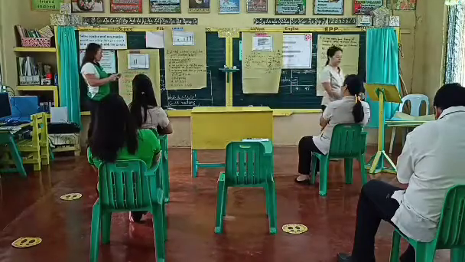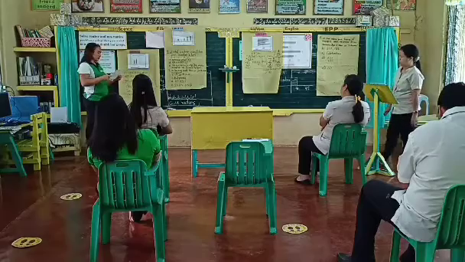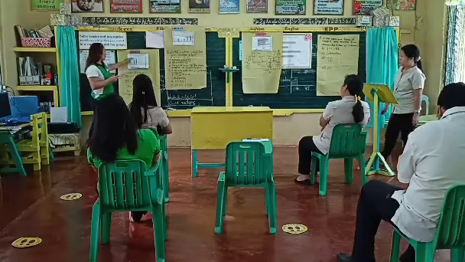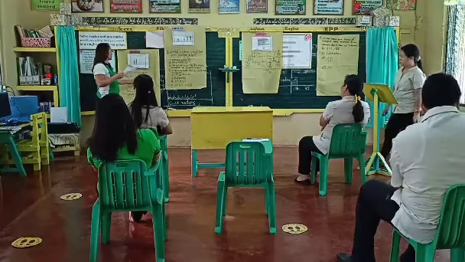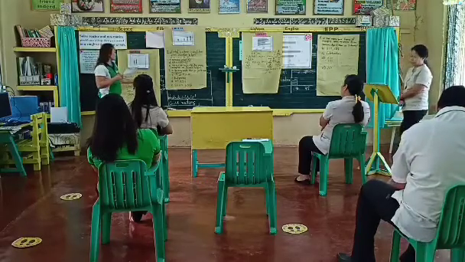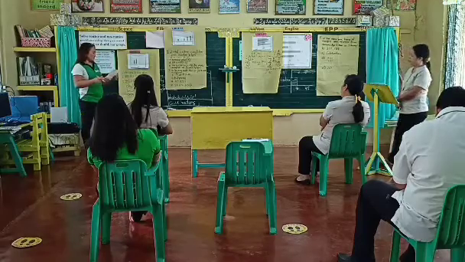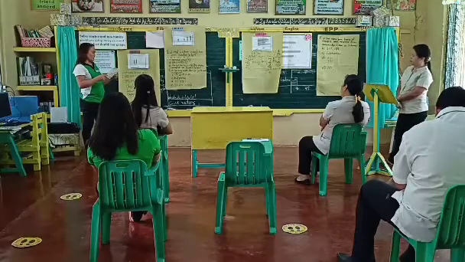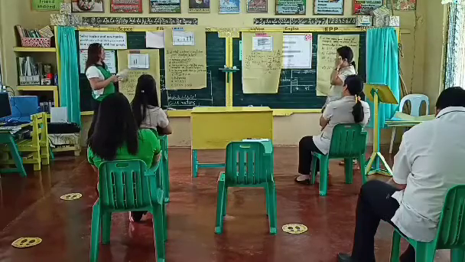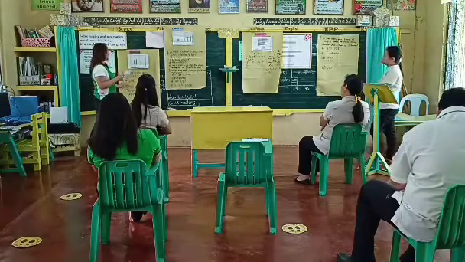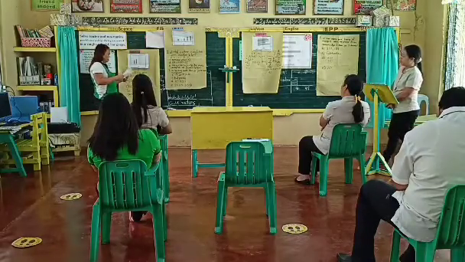Number 2, what is the total amount of ingredients of chicken adobo? Chicken adobo is 100 per kilo plus all the ingredients, 21 pesos, which is equal to 121. Number 3, what is the total cost if you combine all the ingredients? The total is 341 pesos.